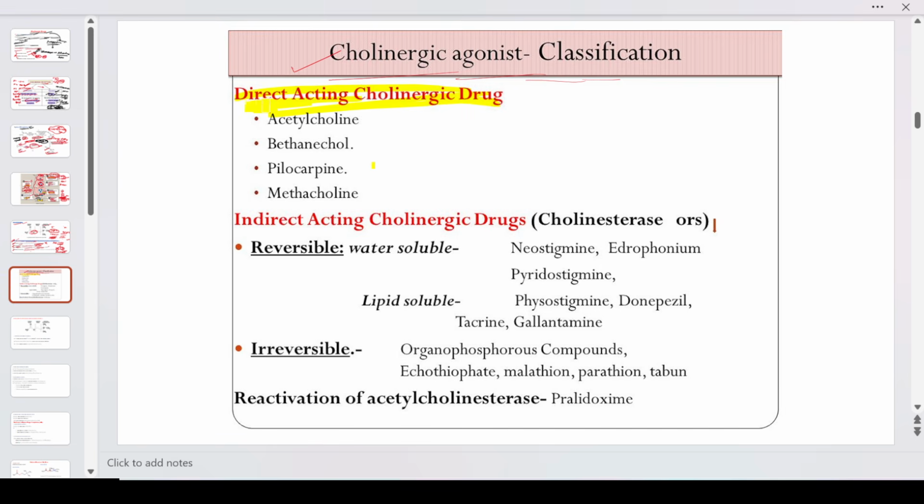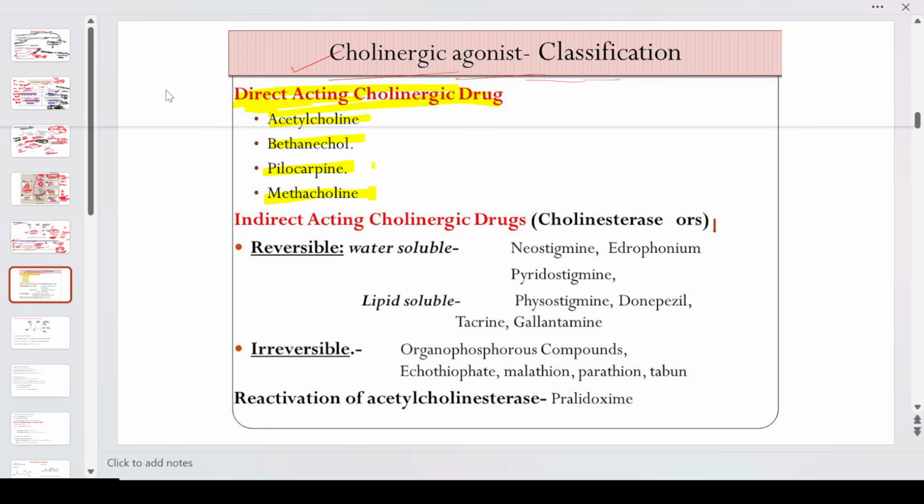In it we have acetylcholine, bethanechol, pilocarpine, methacholine, carbachol. So these are the direct acting type of drugs.